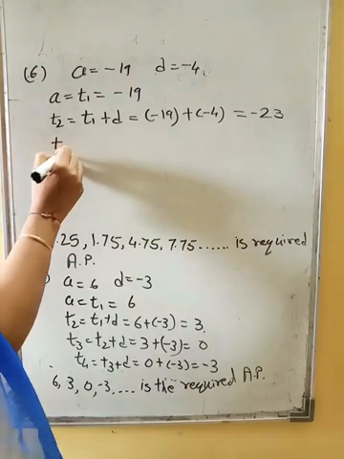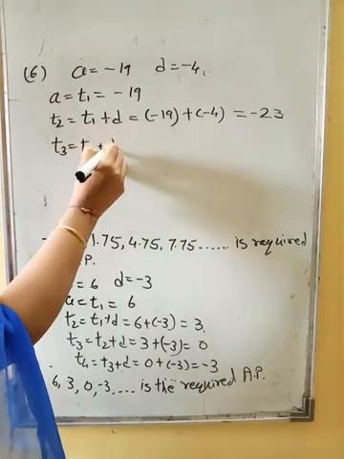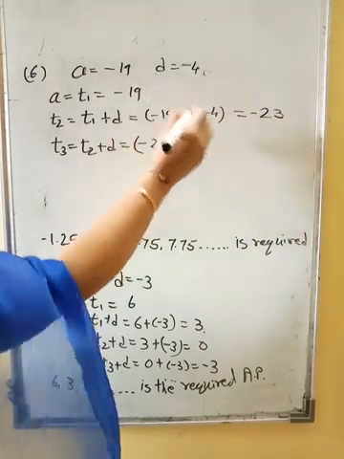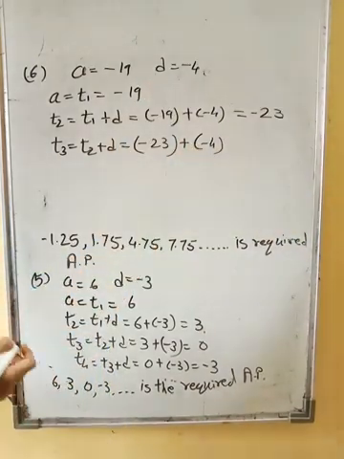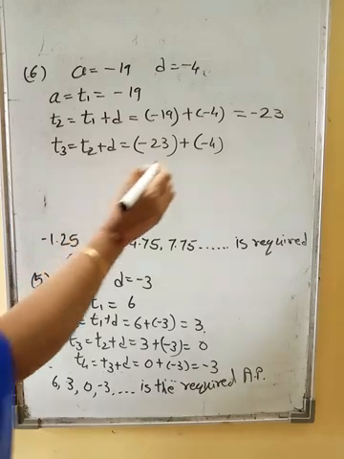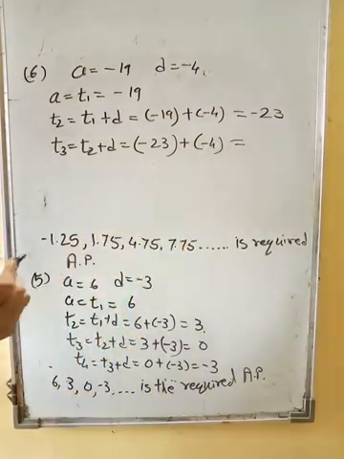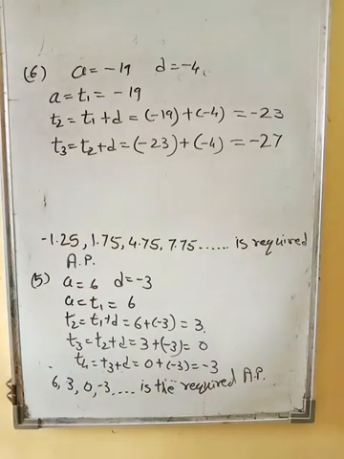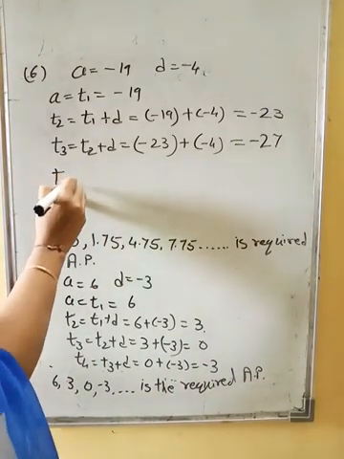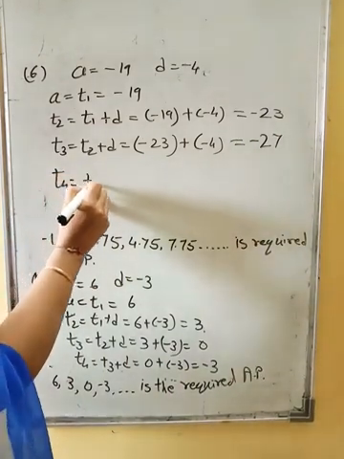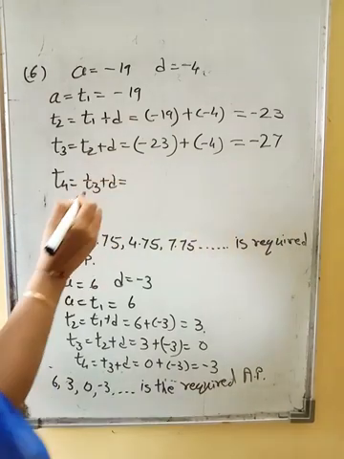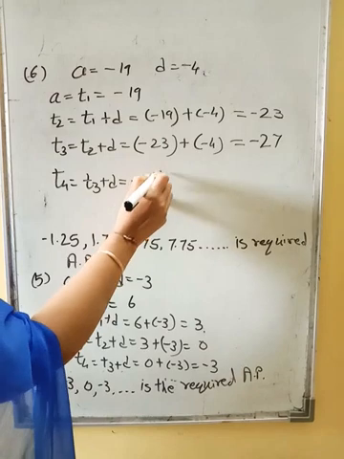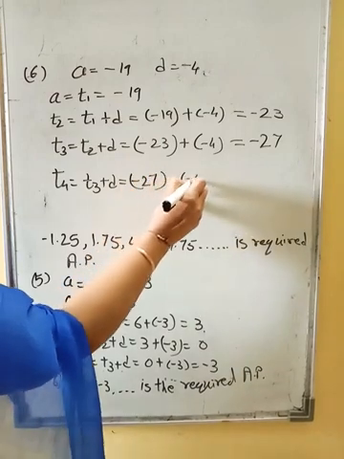Now T3 will be T2 plus D. That is minus 23 plus the difference is minus 4. Correct? So minus 23 plus minus 4 is minus 27. T4 is equal to T3 plus D. So that is equal to minus 27 plus minus 4.